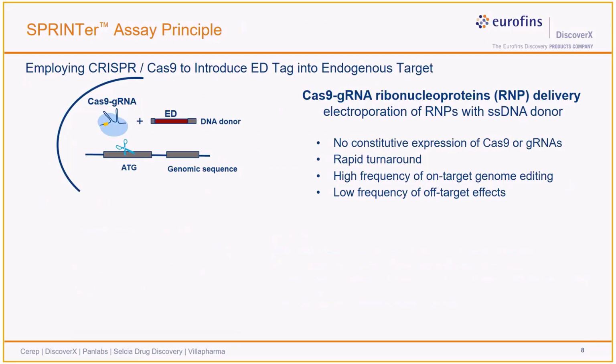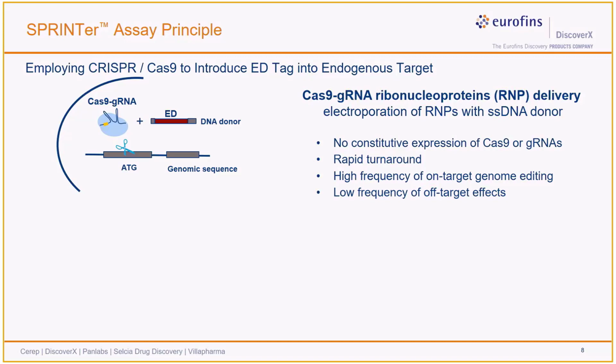To capture the physiologically relevant level of target protein, we knock in the small fragment ED, which is roughly 40 amino acids, into the genomic locus of the target protein using CRISPR technology. We chose the ribonucleoprotein, or RNP, delivery system in which Cas9 protein and synthetic RNA are assembled in a test tube and electroporated into the cell alongside single-strand DNA encoding ED.